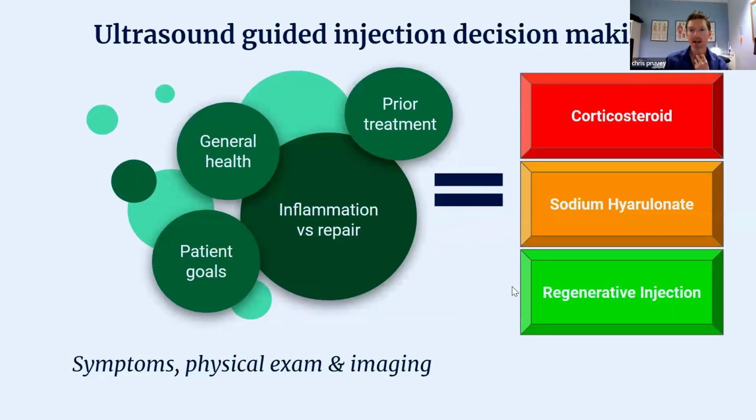So, coming back to how to make a decision on what we're going to inject. I've had a couple of patients recently really desperate to run the London Marathon, and their knee was stopping them. I said, ideally, I wouldn't put steroid in a young joint like that.